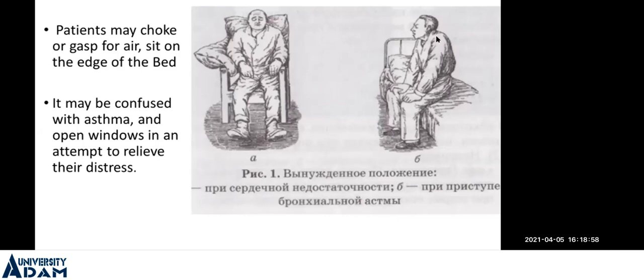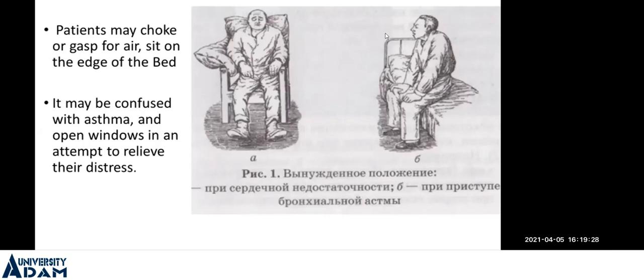Look at this: muscles of the shoulder, muscles of the neck region, muscles of the pectoral girdle. In this position he can catch air. This is an actual patient with bronchial asthma. He tries to gasp for air, sitting on the edge of the bed, trying to catch air.